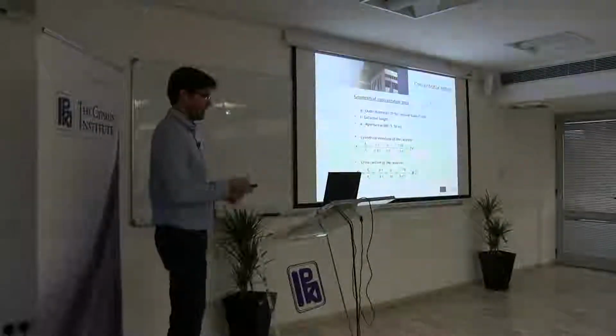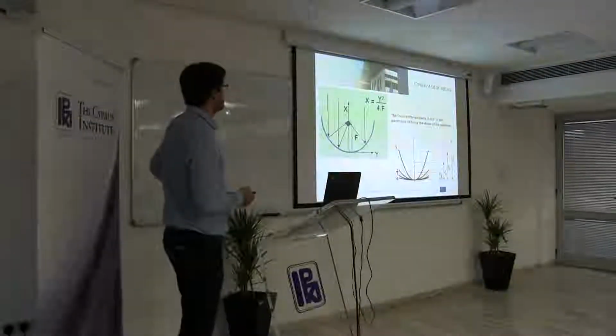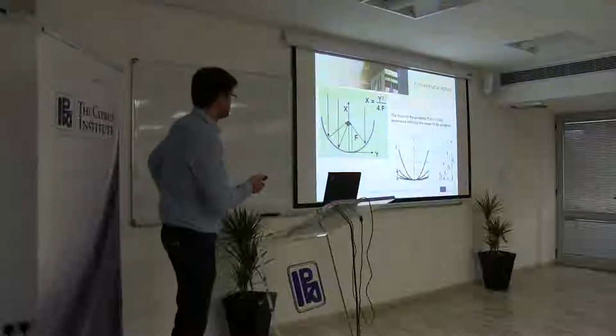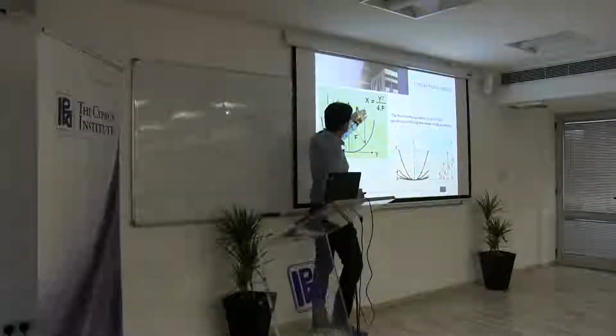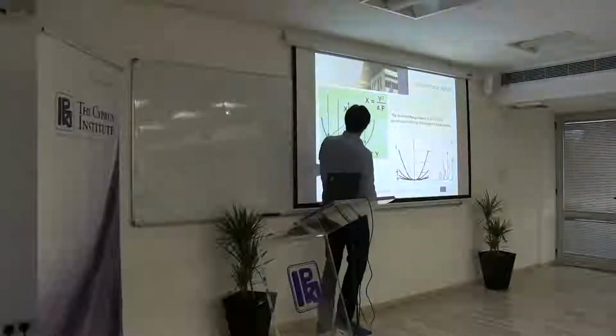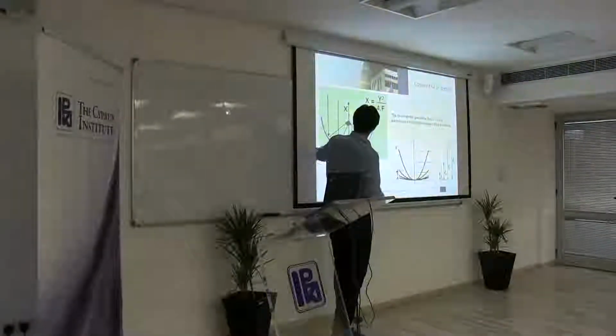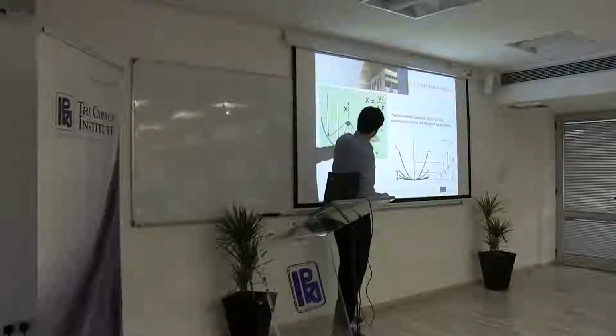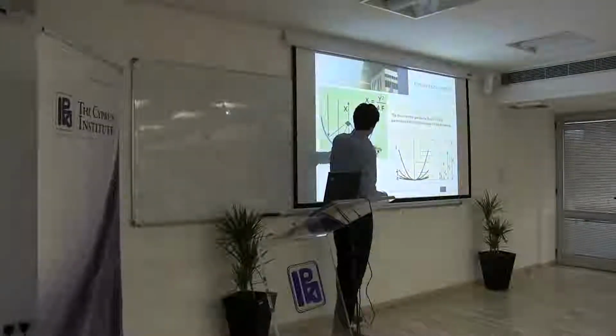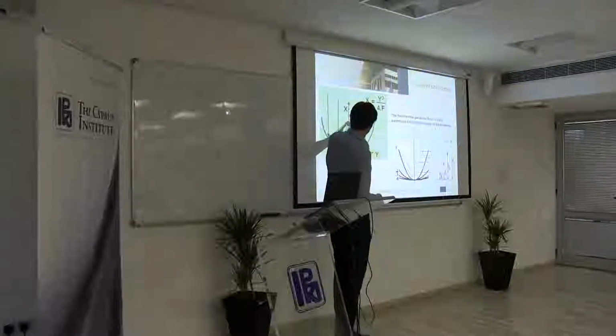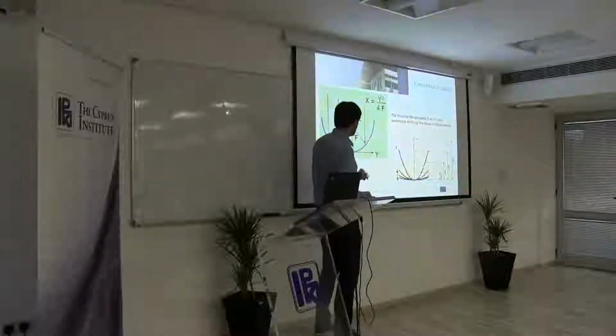Okay, so x is this axis, y is this one. The relation between x and y for the parabola is given by this relation, and f is the focal point, where you put the receiver.